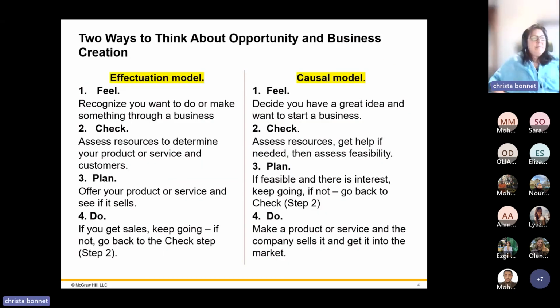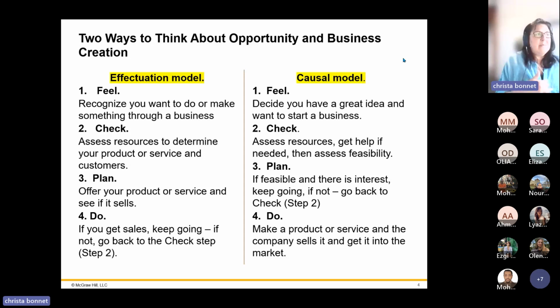Then the CATS book also, but you'll see I haven't really highlighted it, so I promise you I'm not going to touch on this even on the exam, but I just wanted to show you the differentiator between the two ways to think that CATS has recommended about opportunity and business creation, and they refer to that as the effectuation model versus the causal model.